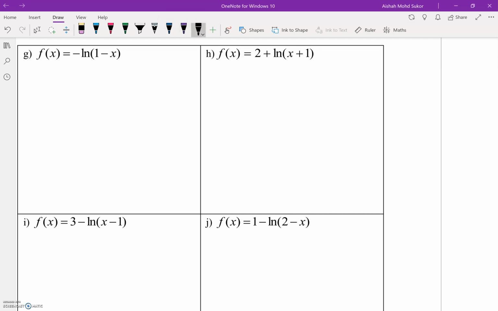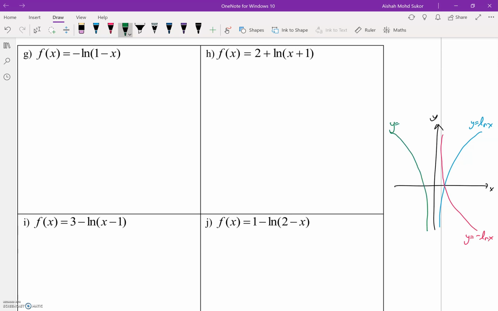Before that, we try to sketch the basic graph for ln x. Okay, this is the basic graph for ln x. So this is y equal to negative ln x. y equal to ln(negative x). y equals negative ln(negative x).